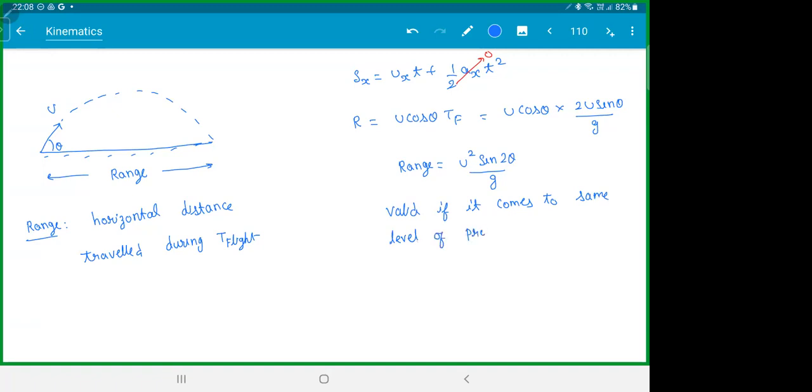Remembering formulas is good, but if you don't remember when to use and when not to use, you will mess up. Same level of projection. That means, again, if you throw from a building, don't use this formula.